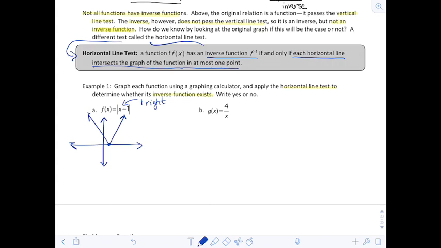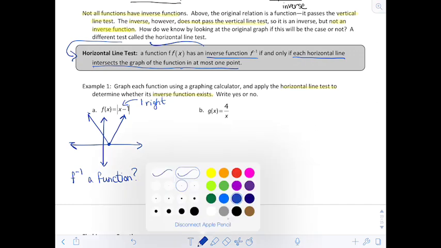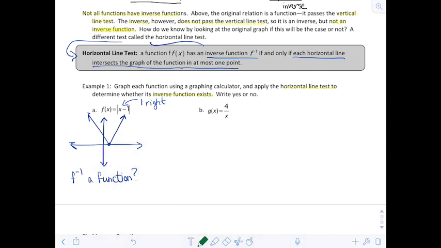So this is definitely a function, but is f inverse a function? That's the question. Here's where we can use the horizontal line test. So when I draw a horizontal line, I touch it in two places, so this fails the horizontal line test. So is f inverse of x a function?